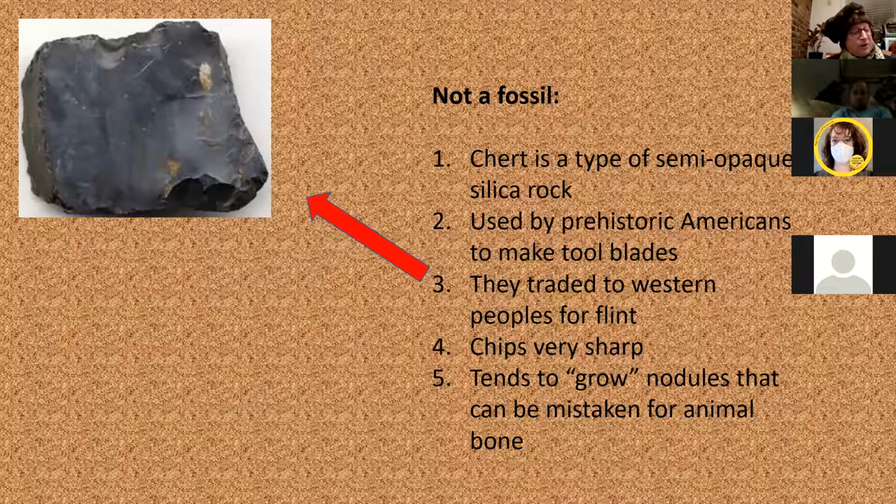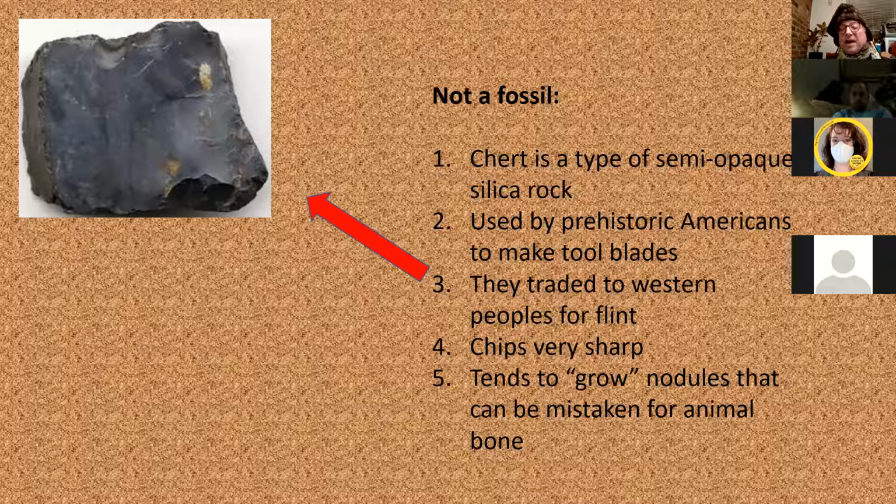Now, one thing I want to talk about, and I will show you this because it can be a little confusing. Excuse me, I learned through experience what's not a fossil. And if you see that rock there, that is not limestone, but there's plenty of it around here in central Ohio. This is called chert. It is a type of semi-opaque silica rock.